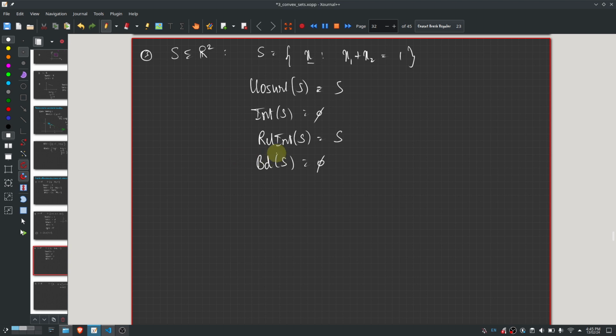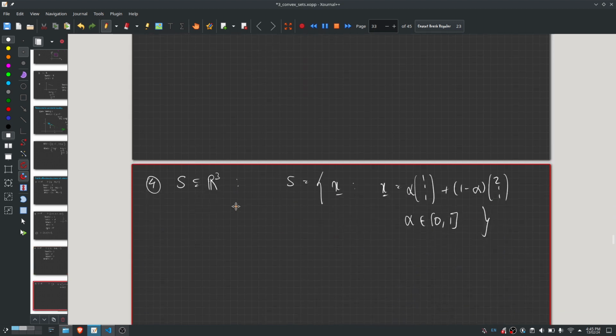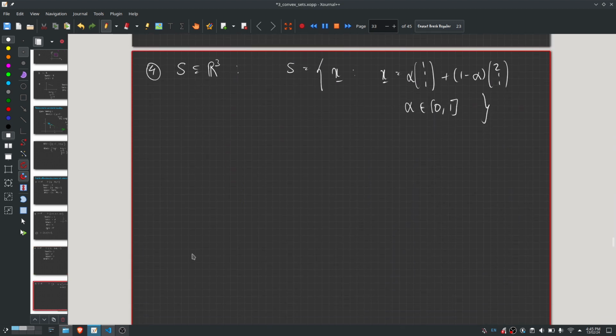Closure. So sorry, you're right. So I would say the relative boundary is empty. The affine hull of this set S would be S itself. Okay, again, this is just a line segment.